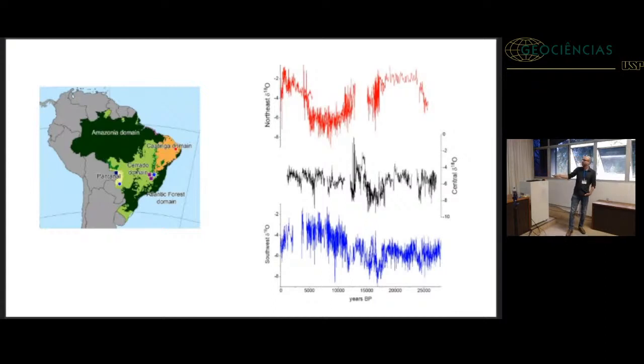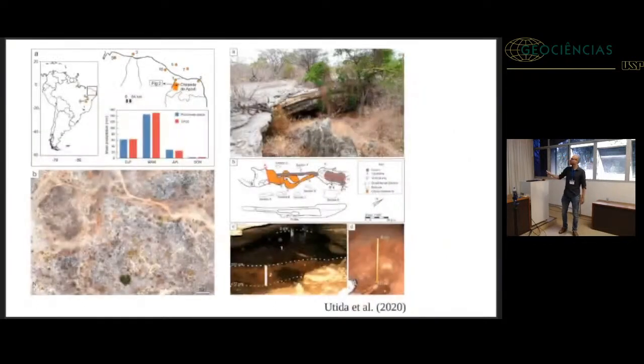So when the Holocene was getting drier here, it was getting wetter here. And when you look at Lapa Sem Fim Cave, which is in the middle, you see basically flat. Not much difference from the glacial period to the Holocene period, because it's right in the middle of this dipole.